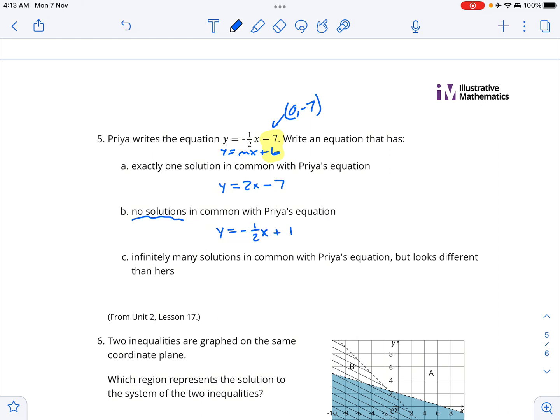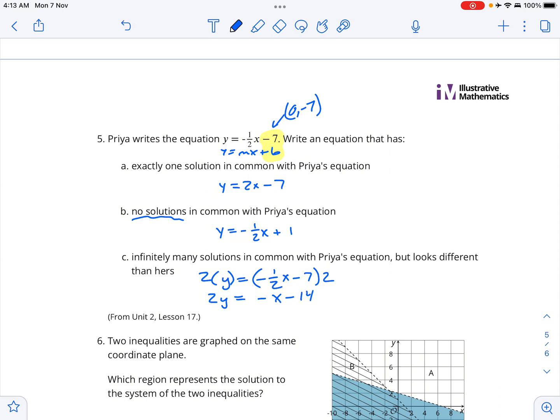Infinitely many solutions in common with Priya's equation, but looks different than hers. So that means I need to take Priya's equation and manipulate it a little bit, play it around, but keep it equivalent. So we know to create an equivalent expression, one way to do that is by multiplying both sides by the same amount. So let me multiply both sides by 2. 2y equals, that would be negative x minus 14.